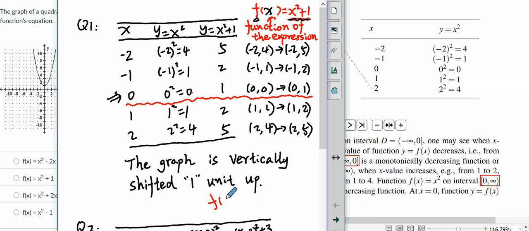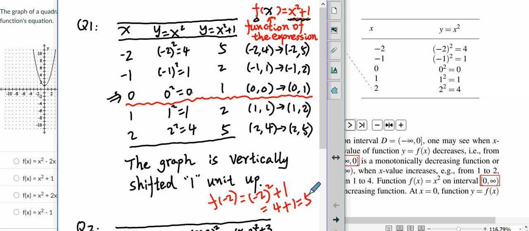When you have a -2 here, that's the input variable, not really -2 times f. Then you have -2 squared, and then plus 1. This gives us 4 plus 1, which is 5.